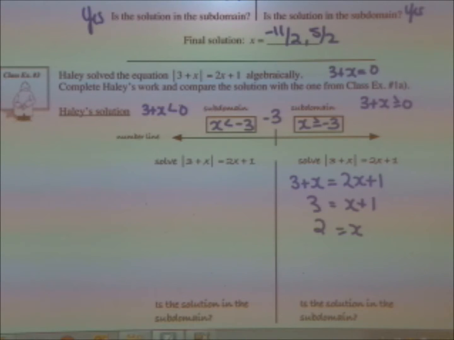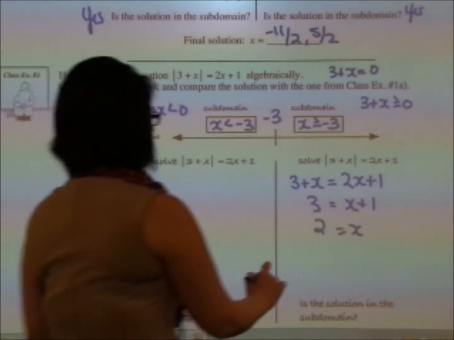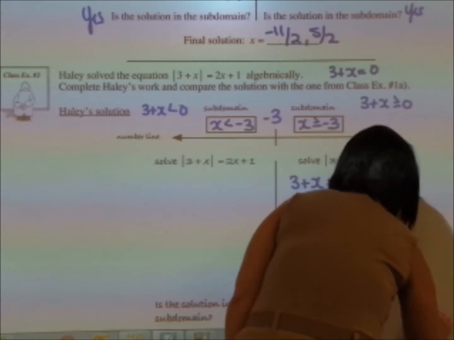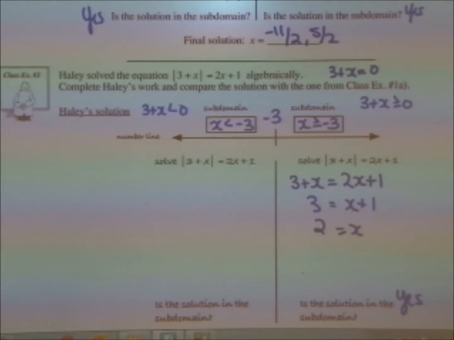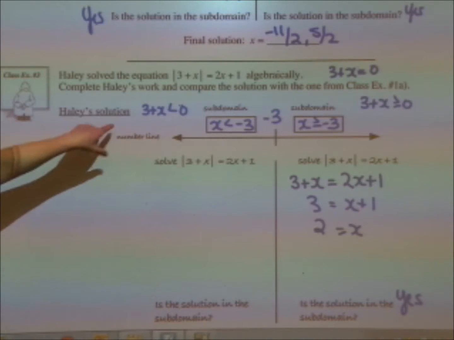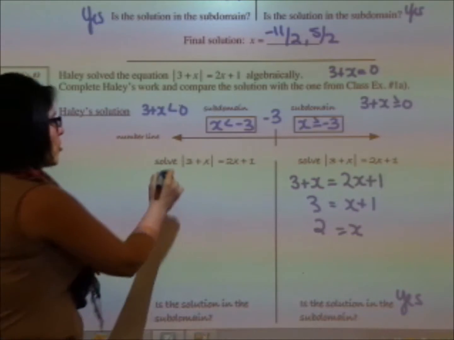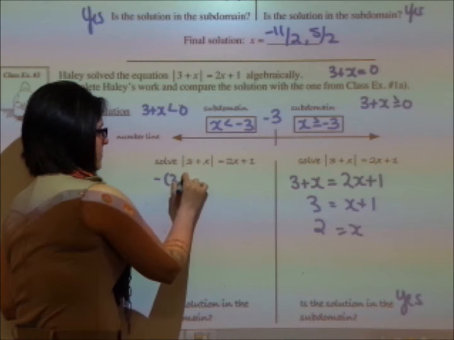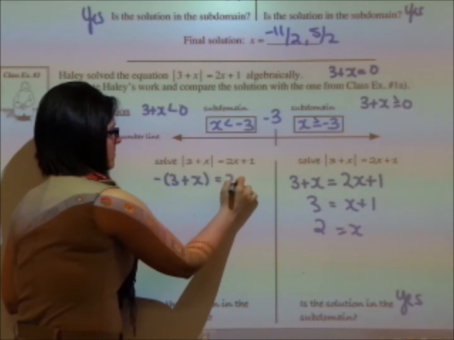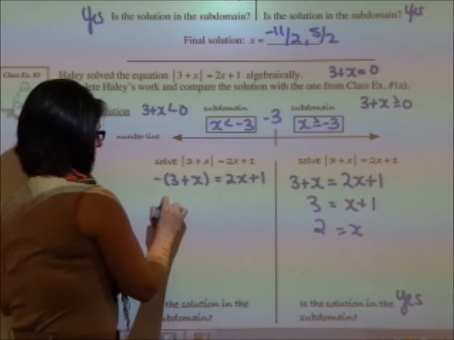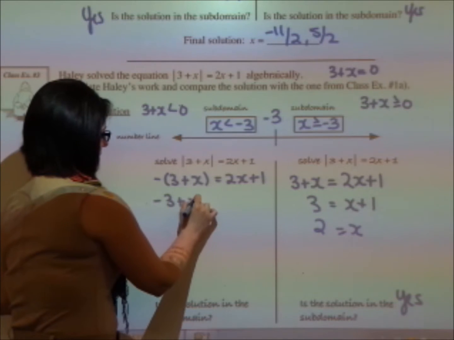Is 2 greater than negative 3? Yes. So this is in the subdomain. So now if I look at the other one, this is when it's less than 0, which makes this negative. So then I remove the brackets.